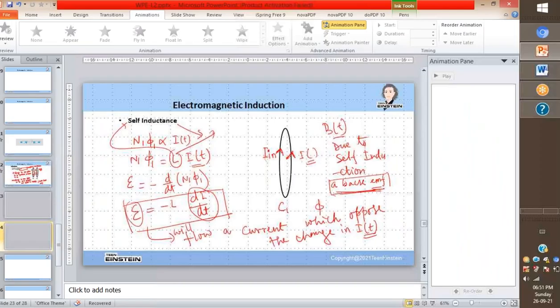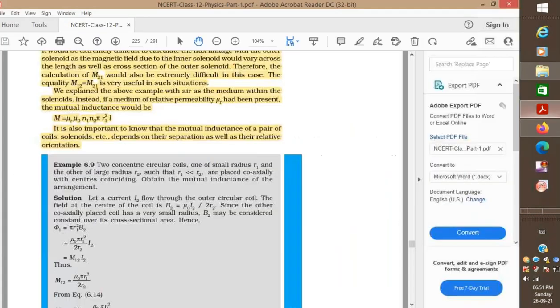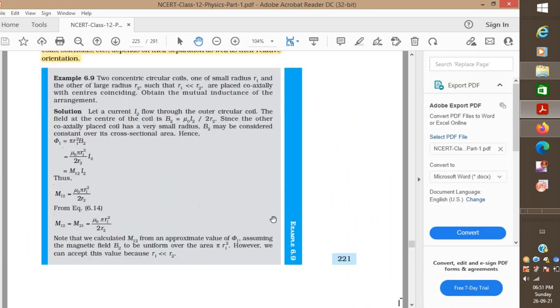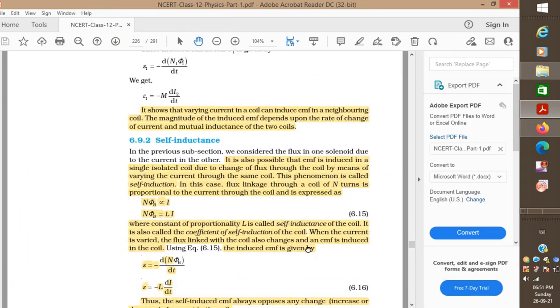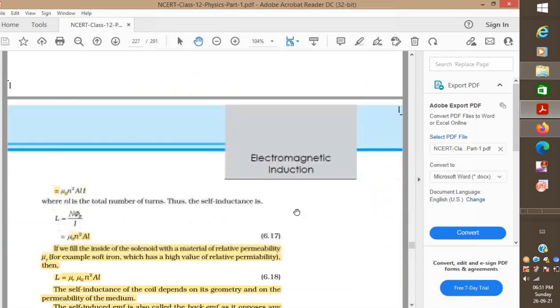The work will be done against the back EMF to maintain the current in the loop. You have to do certain work, and that work will be stored as magnetic energy. We will be learning here.